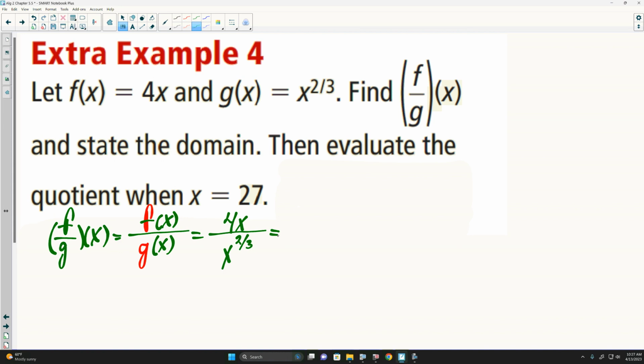Now, just like the last one, we can divide our two variables, because whenever we have like bases being divided, we subtract the exponents. And 1 minus 2/3 is 1/3. So our f divided by g of x is 4x to the 1/3.